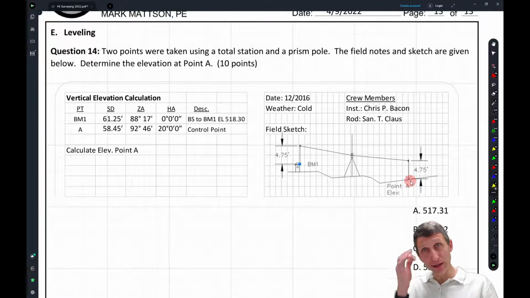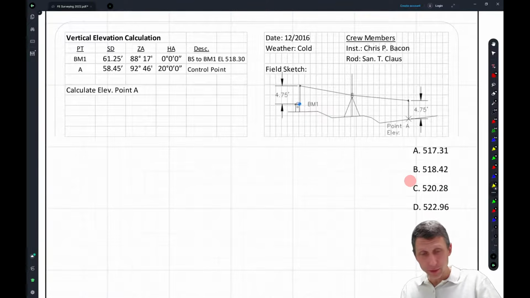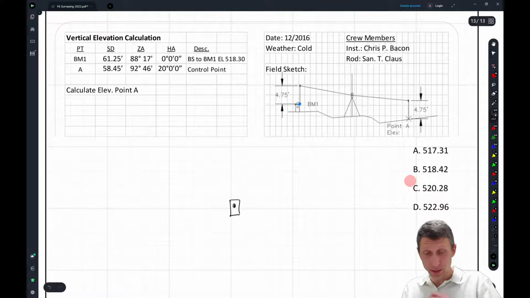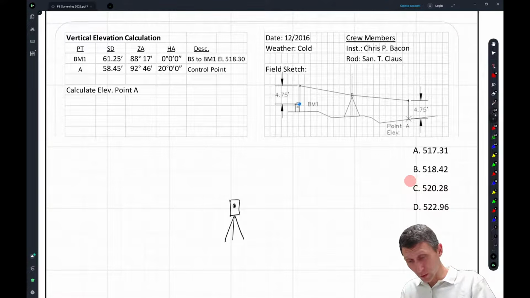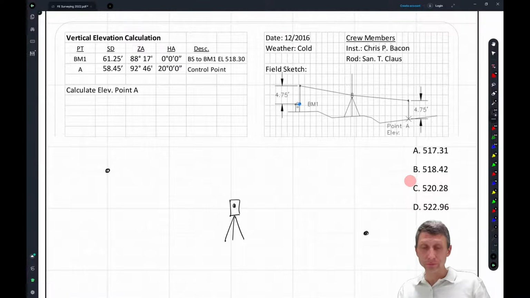Let's make this diagram a little bit bigger. This is our total station, and we're going to measure with it. We'll measure back to our prism pole at one point, and forward to our prism pole at another point.